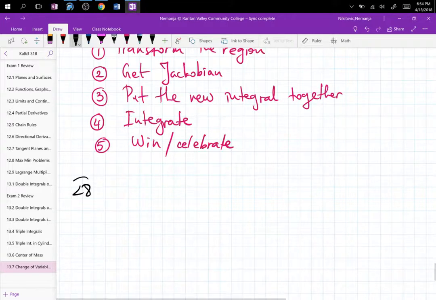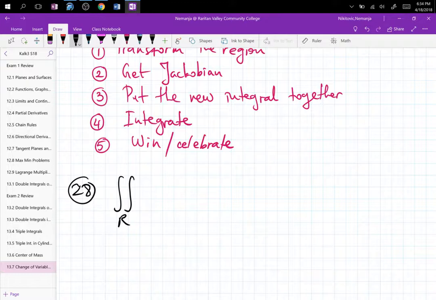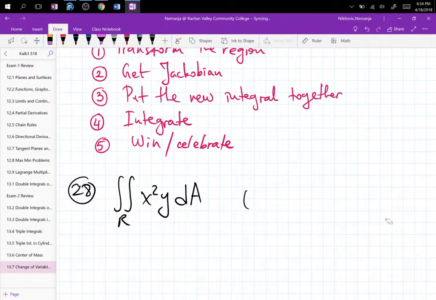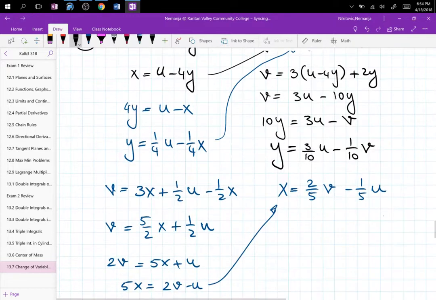So I'm going back to problem 28, which was the integral over region R of x squared y dA, with the region, and I say transformation done, and then I'm going to look for the transformation.